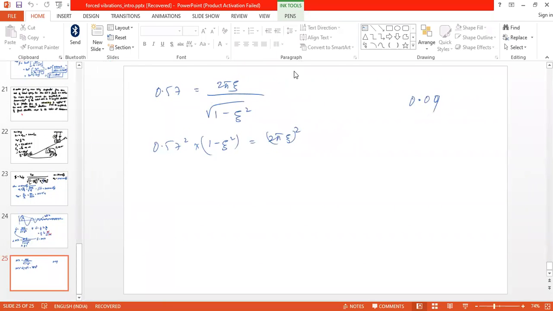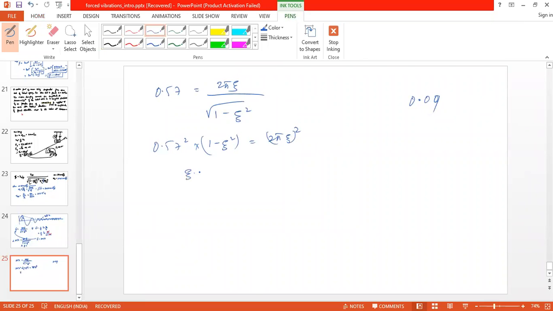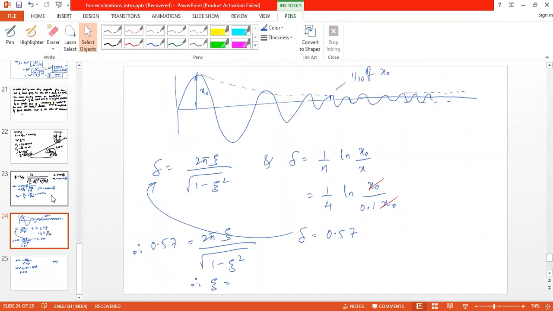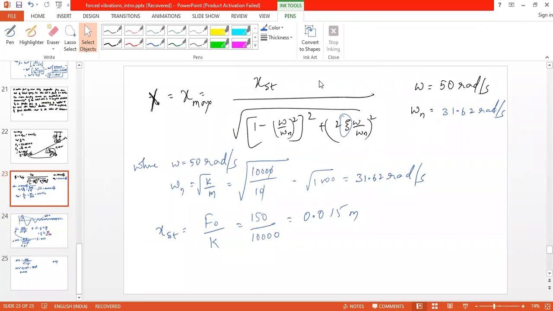So the value of zeta is 0.09. So now you have all the values.